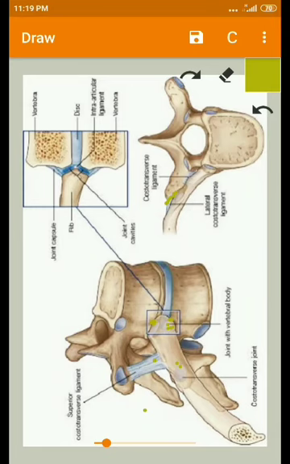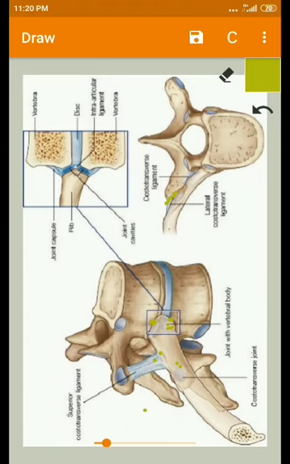The superior costotransverse ligament has two layers. The anterior layer stretches from the crest of the neck of the rib to the lower aspect of the transverse process above it.